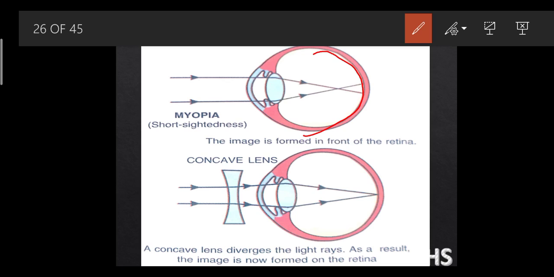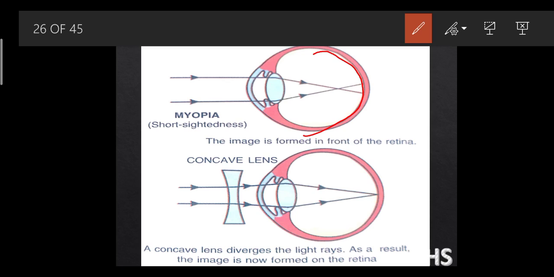Near objects can be easily seen, while far objects can't be seen perfectly. So this is called myopia, short sightedness.